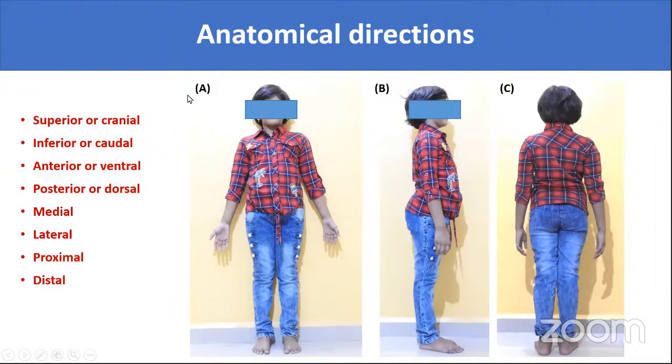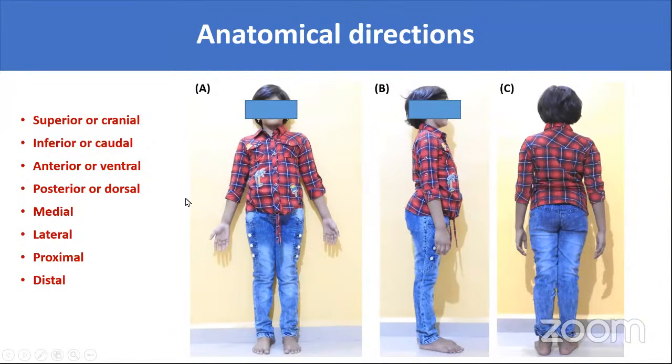In photograph A, this girl, this is the front view, the anterior part of the body, whereas in C, this is the posterior side of the body, also called the dorsal side.